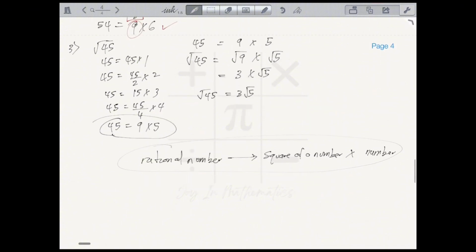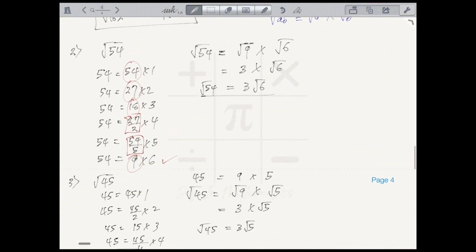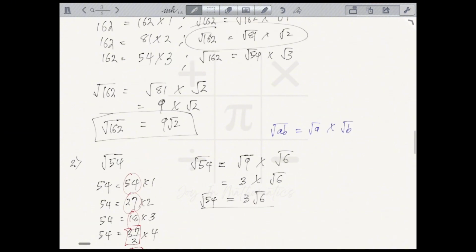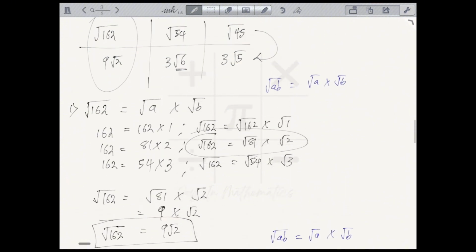The rational number here is 45. It contains the square of a number, 9, which is 3 squared, multiplied by a number 5. In the same vein, we have a rational number 54. It contains the square of a number 9 and another number 6. And in the same vein, 162 is a rational number that contains the square of a number 81 multiplied by another number 2.